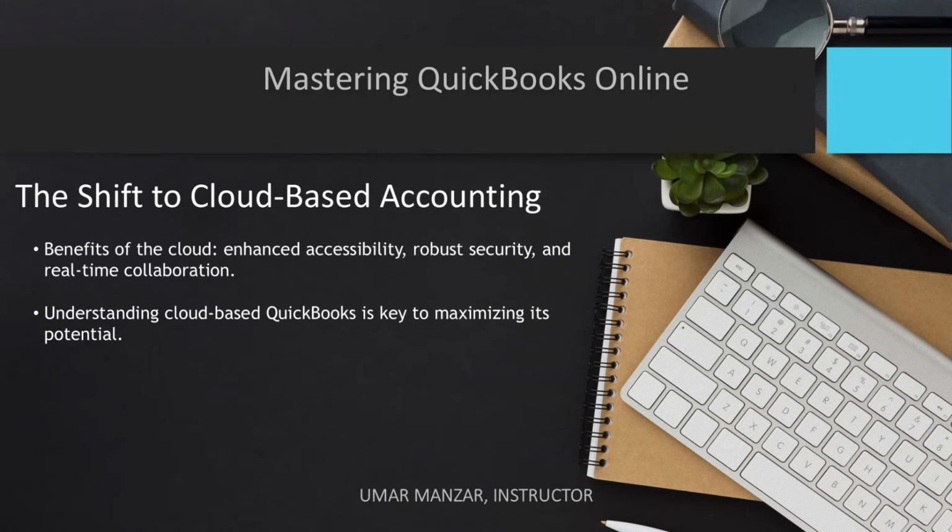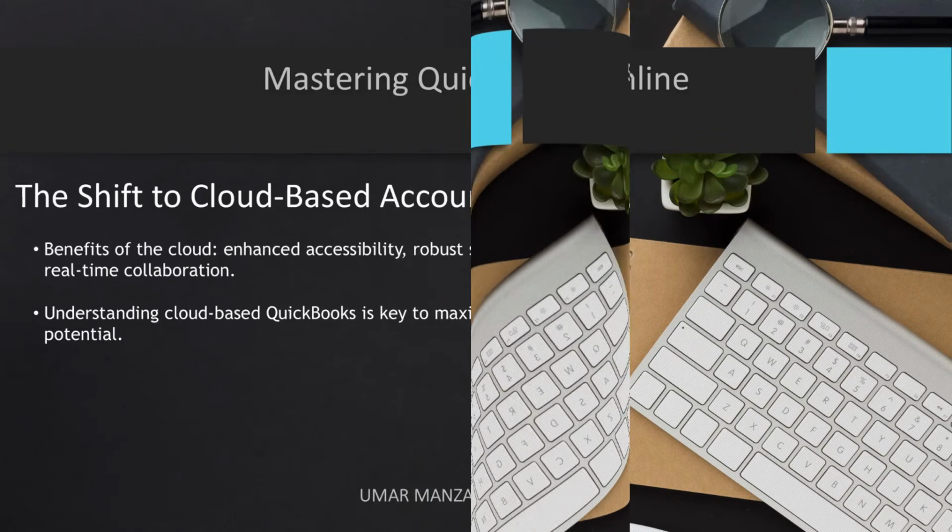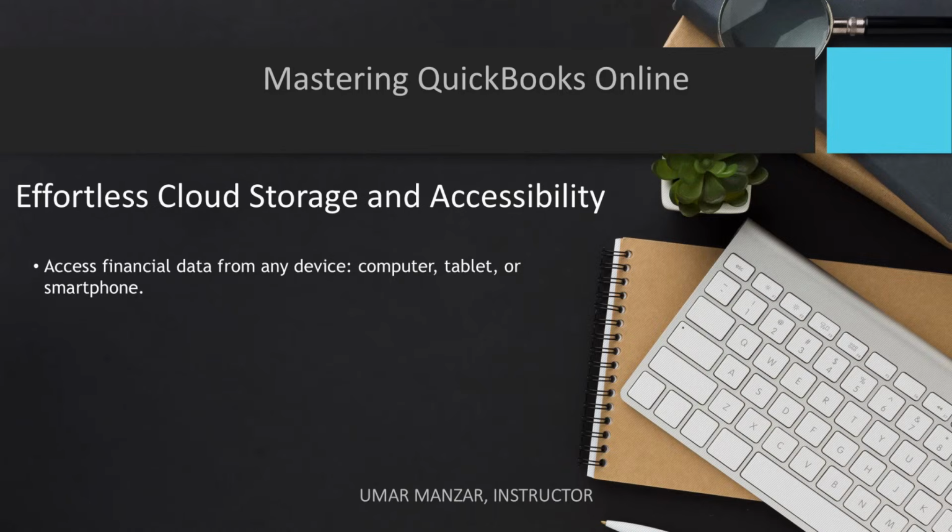Understanding how QuickBooks files work in this environment is key to maximizing the software's potential and ensuring the smooth operation of your business. Imagine you're traveling for a business meeting and you need to quickly check on your latest financial data. With QuickBooks Online, you can pull up all the information you need on your smartphone or tablet, no matter where you are.